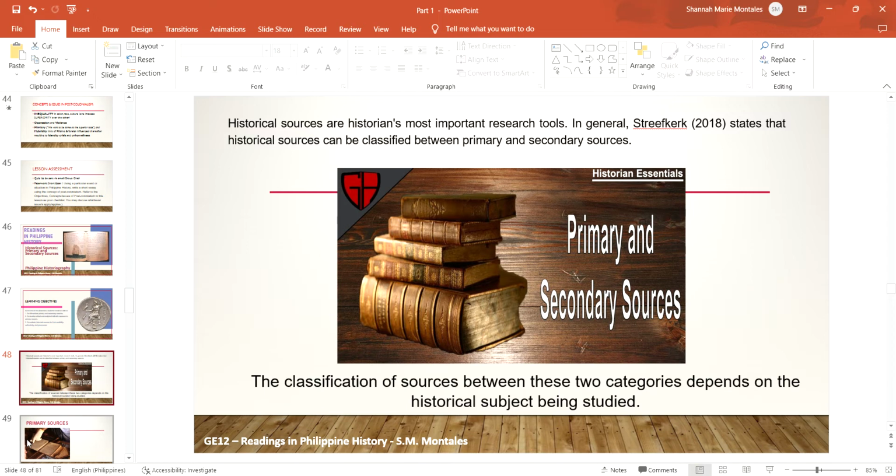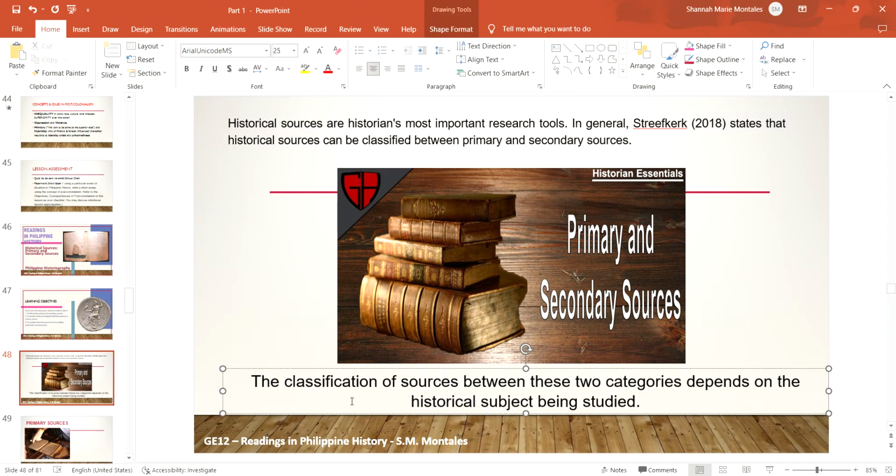So if you will be asked how we classify the sources of history, it will depend on the historical subject being studied. Okay, so that is the basis for classification.